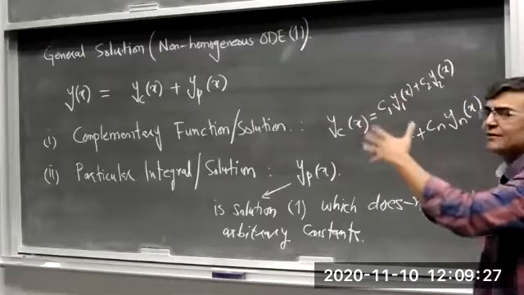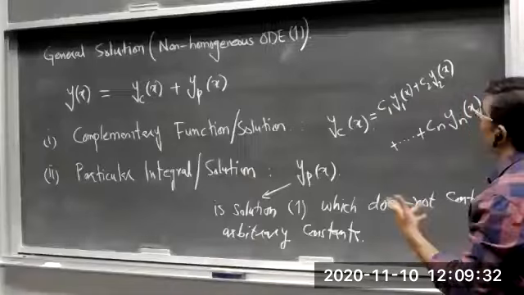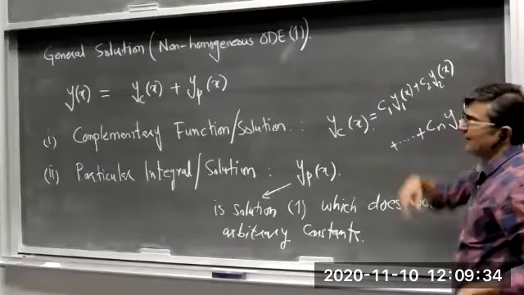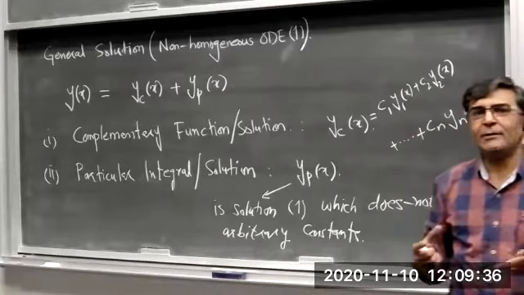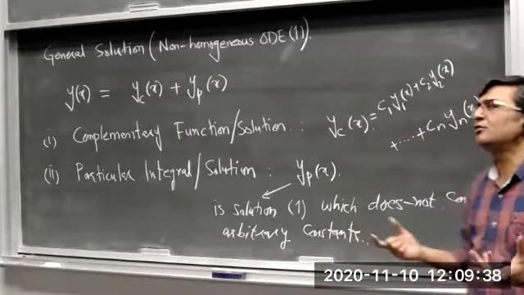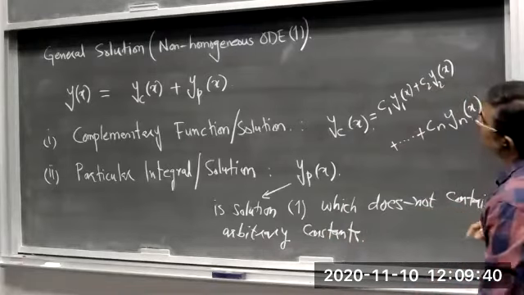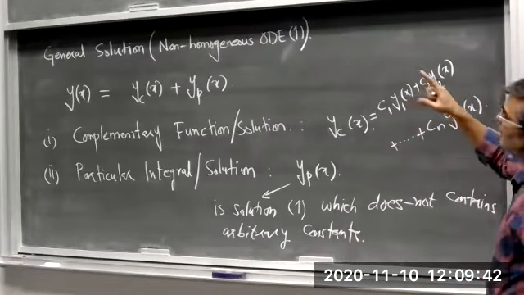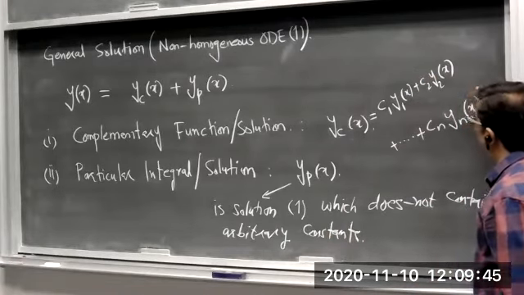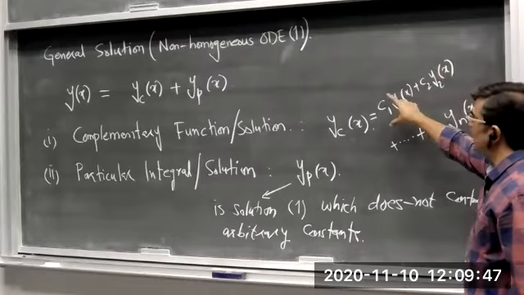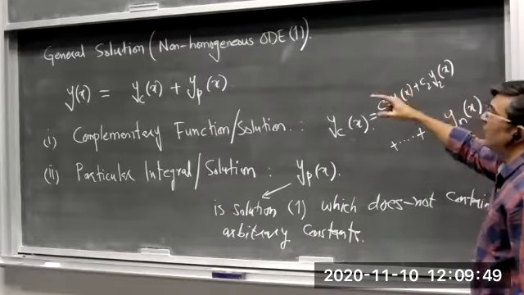You know that the general solution of a linear homogeneous ODE of nth order with constant coefficients has n linearly independent solutions. It forms a fundamental set of solutions, and we can write the general solution of the homogeneous ODE as a linear combination of n linearly independent solutions.